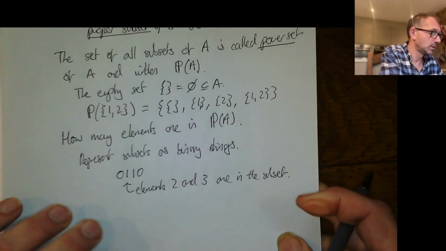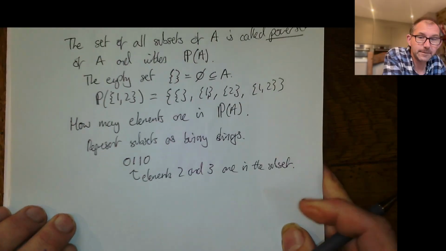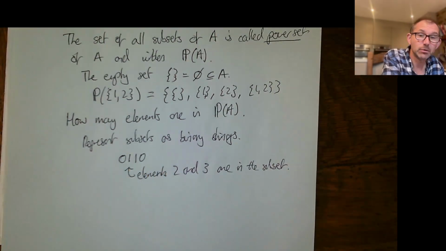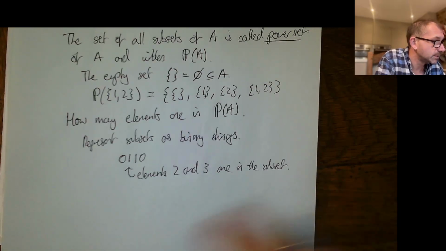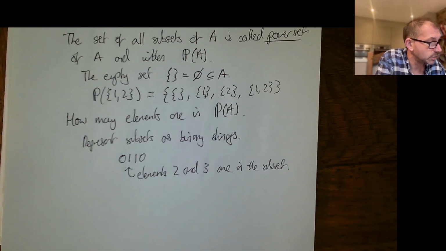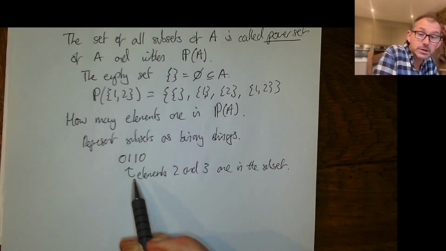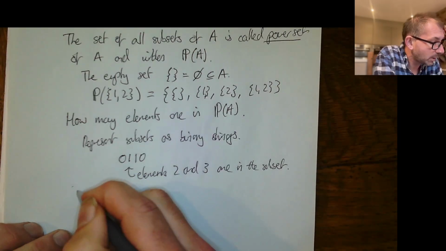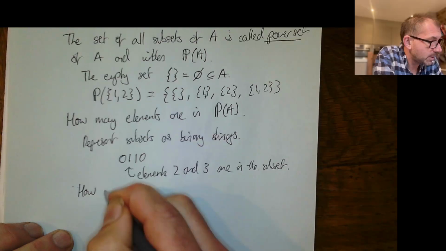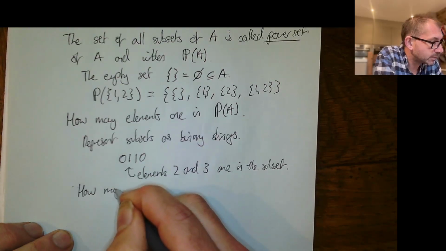Right, so clearly that's going to give me a way of representing all the subsets. So if I've got 4 elements, this one will tell me that elements 2 and 3 are in there. So how many different binary strings can I have? So how many possible binary strings?